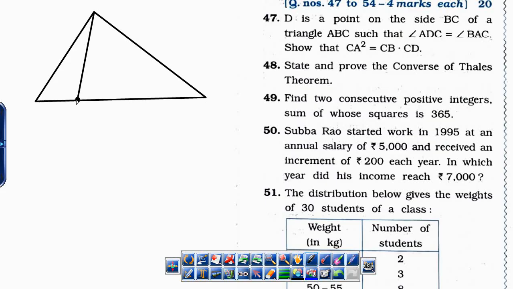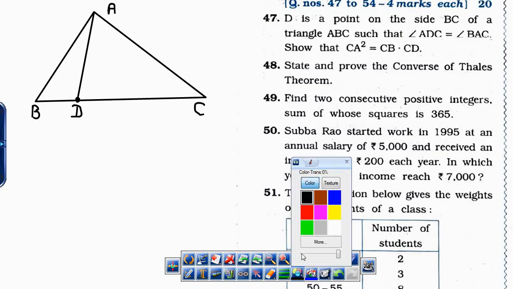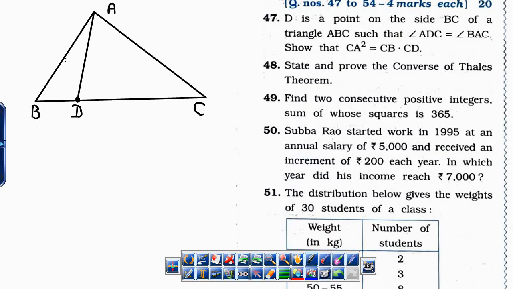D is a point on side BC of triangle ABC such that angle ADC is equal to angle BAC. तो ऊपर का पूरा एंगल A और नीचे का एंगल D सेम है. Show that CA square is CB into CD.